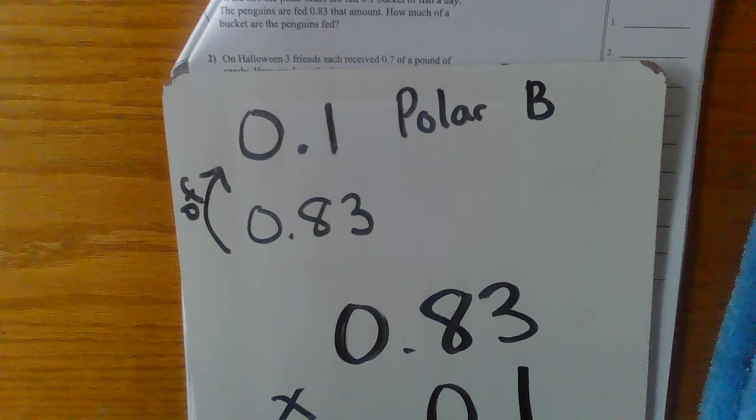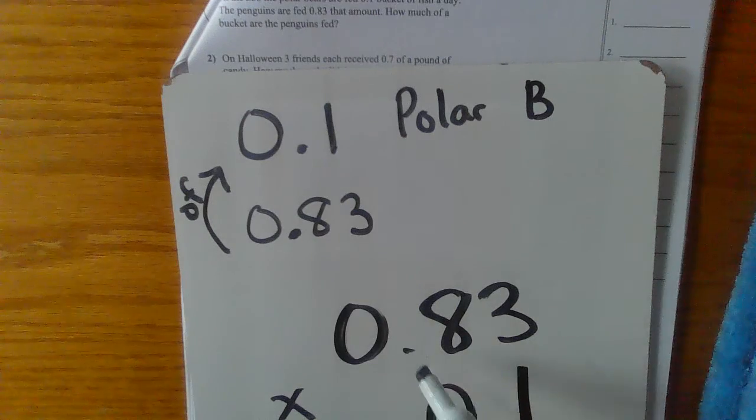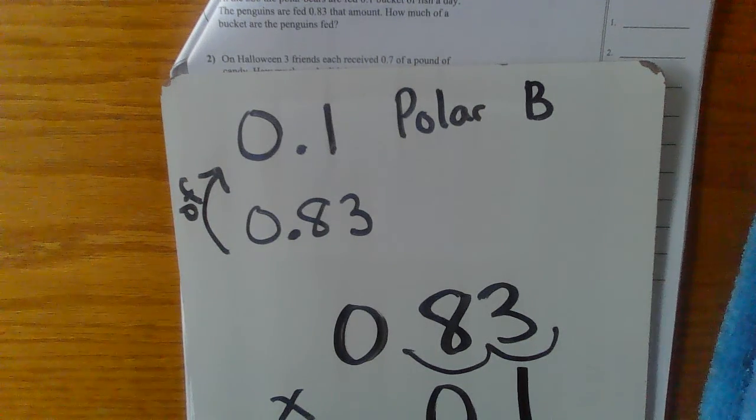The difference is my decimal is not going to be in the same spot. I have 1, 2, 3 numbers behind the decimal, so I need my answer to be even smaller. So the answer is 83 thousandths of a pound, or of a bucket, I guess.